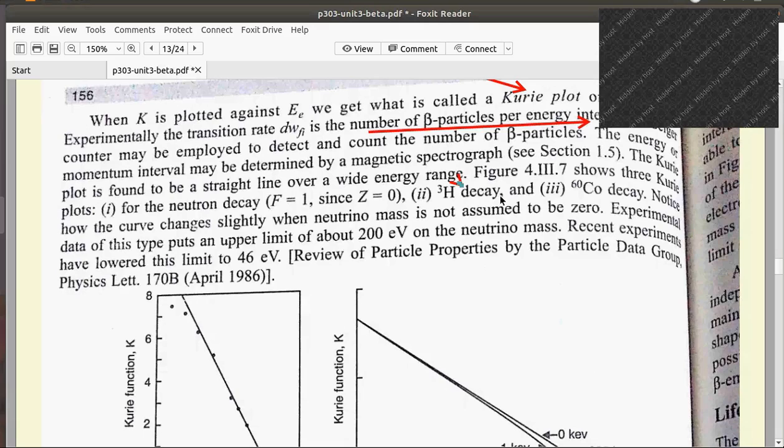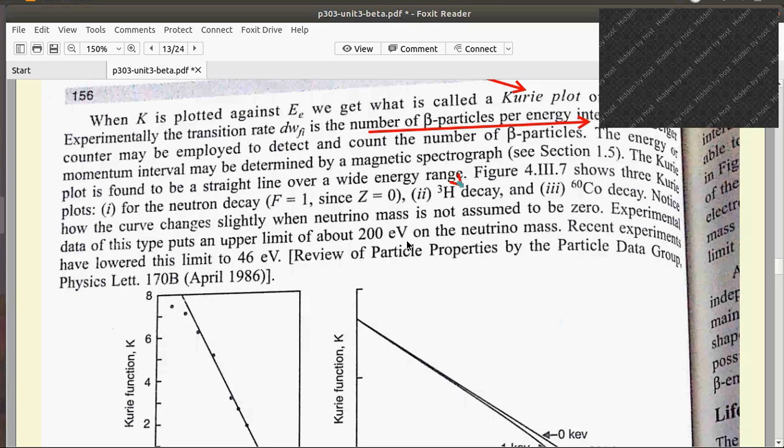Experimental results of data of this type put an upper limit of about 200 electron volt on the neutrino mass. This is very old information, and 200 electron volt is a very small value for mass. I checked and found that the current estimate for neutrino mass is about 0.12 electron volt, which is roughly around 10 raised to minus 37 kilograms.